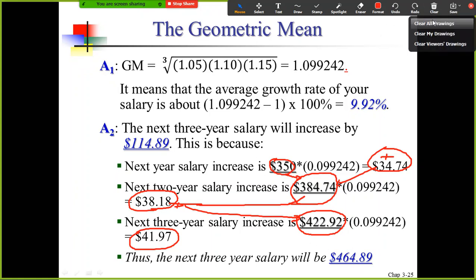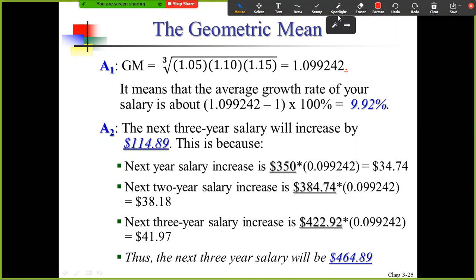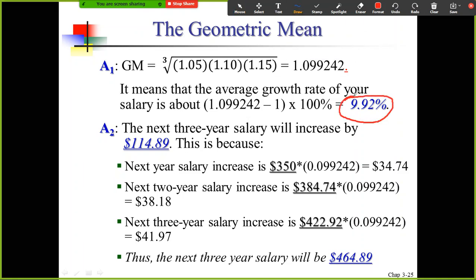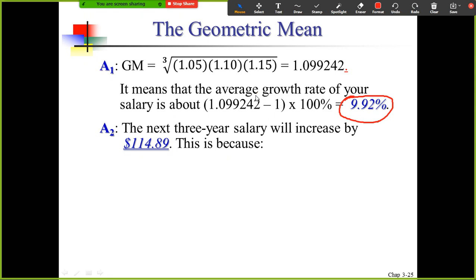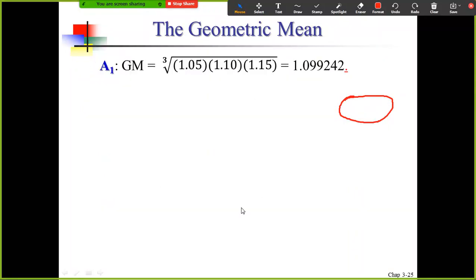Okay, this is 89. That's why again this is the geometric mean of the increasing growth rate of salary. So you can check this one. This is the geometric mean in terms of case 1. Case 1, we have a growth rate every year.